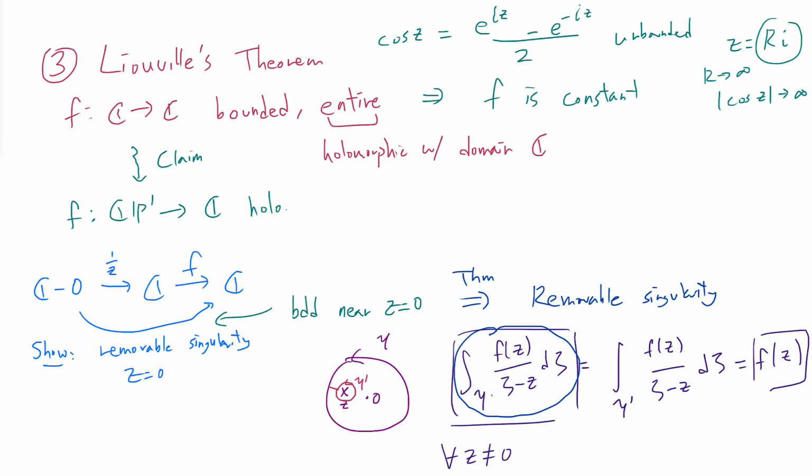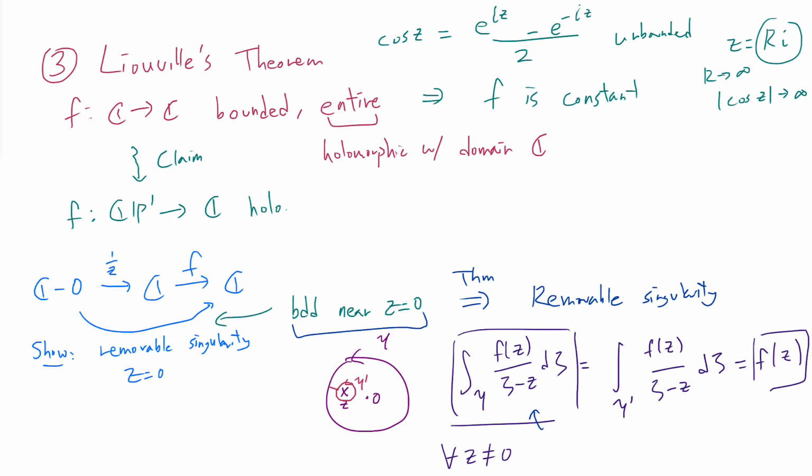Because you're only integrating for values along this path, where none of the values zeta is equal to 0. So this is a well-defined, infinitely differentiable function even at z equals 0. So we actually get f of z is equal to, even at z equals 0, something that's holomorphic at z equals 0.